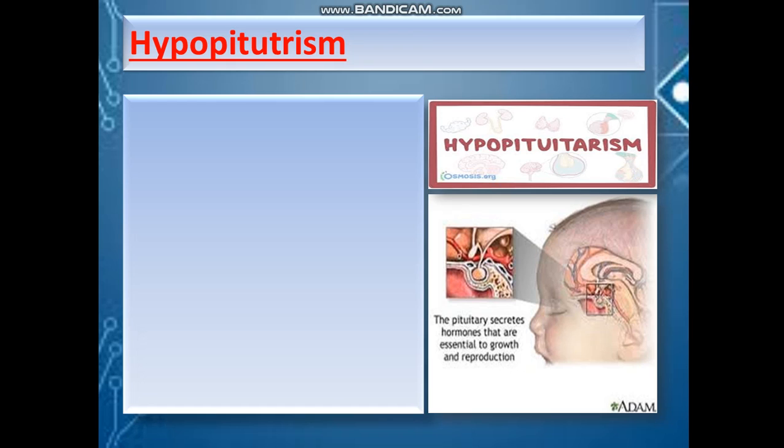There are many hormones secreted by the pituitary gland, including growth hormone, adrenocorticotropic hormone, thyroid stimulating hormone, luteinizing hormone, follicle stimulating hormone, and prolactin.